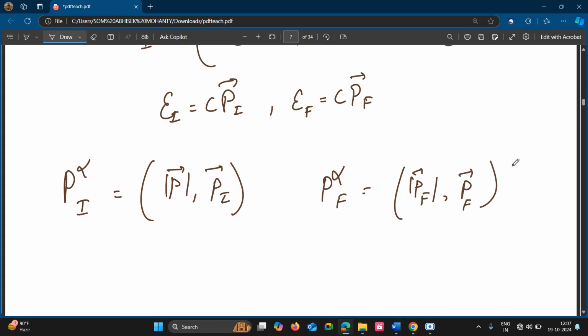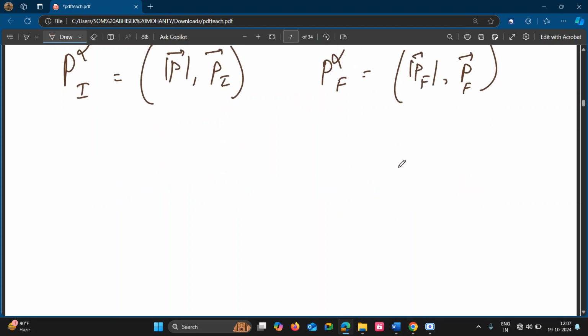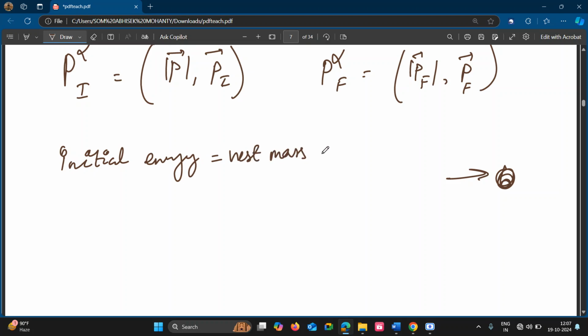For the massive particle, its initial energy is equal to the rest mass energy, right? Because it was at rest initially, then the photon hit it. So the initial energy is the rest mass energy, that is mc².